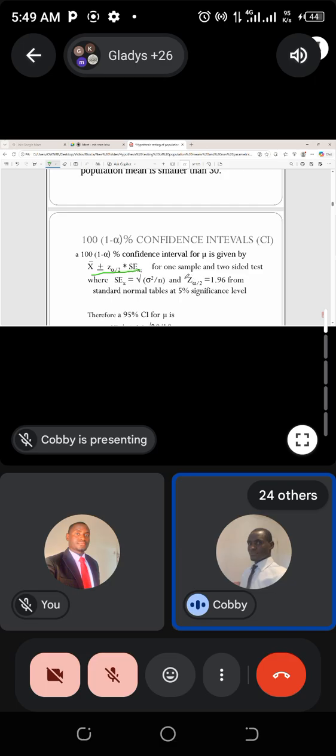Then the z value for two-tailed, we know that is 1.96 from the standard normal table at 5% significance level.